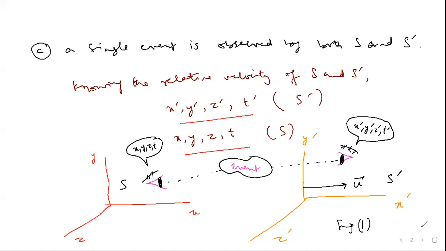So we can obtain the inverse Lorentz transformation by merely switching primed and unprimed coordinates in the Lorentz transformation equations, and substituting minus u for u.